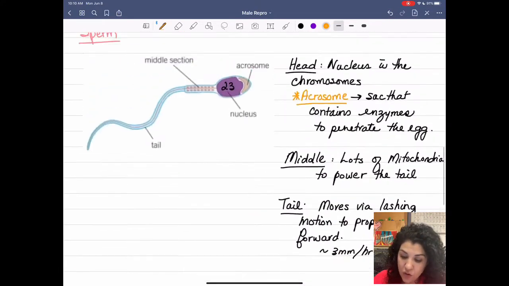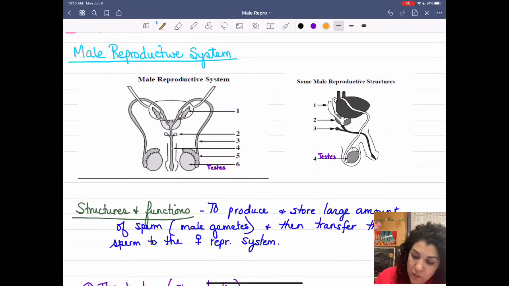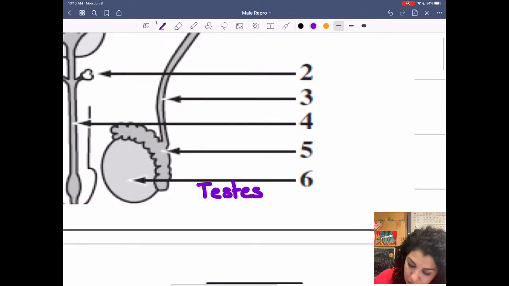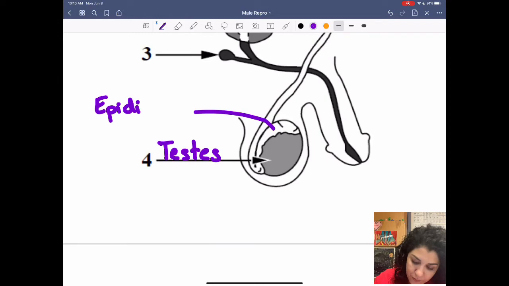The second structure we're going to look at, we're going to use purple here, is going to be the epididymis. Here it's not labeled, but it would be here. Okay, so that's the epididymis.